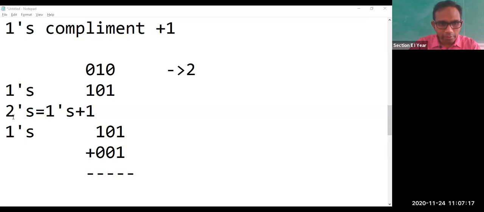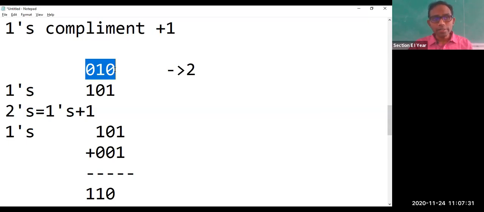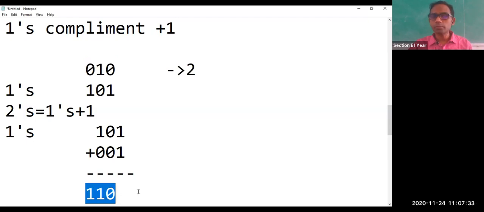The result will be 1. Is that right? Here the result is 0. Here 1 plus 0, 1. So the answer is 110. Very good. Right answer. So the 2's complement of 010 is 110.